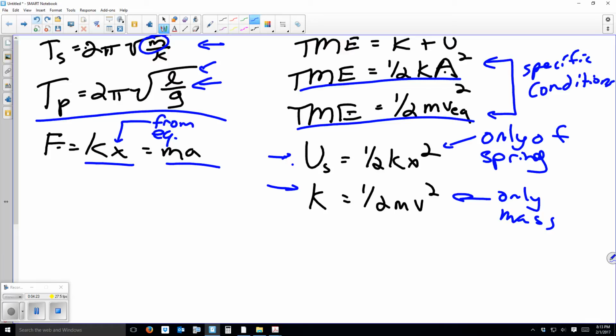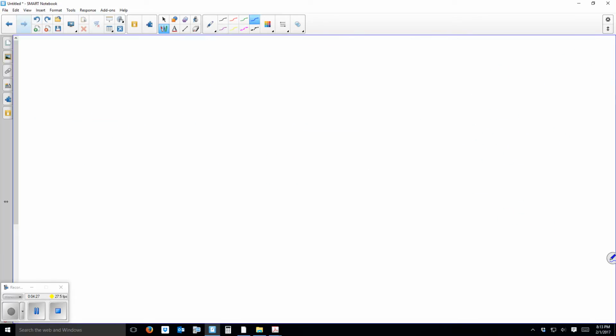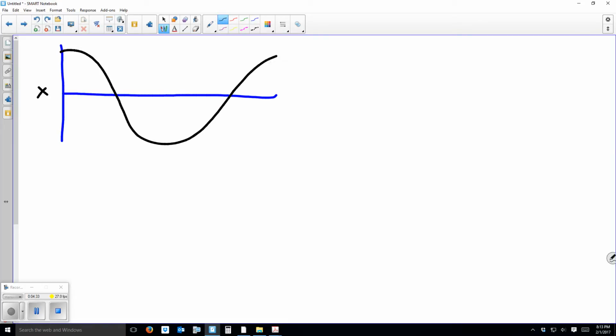And the other big piece of this test is going to be graph interpretation. Taking one graph, say we had one like this, and being able to pick out different points where acceleration, force, and potential energy are greatest, least, most upward, most downward. So I'm going to try to go through as many of those as I can right now.